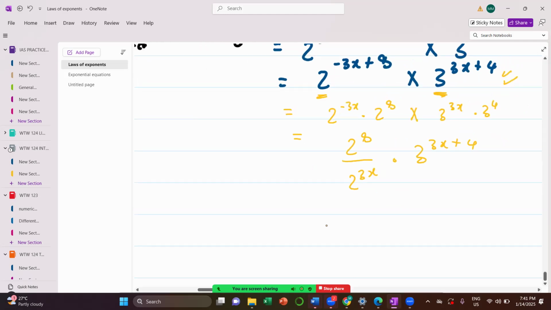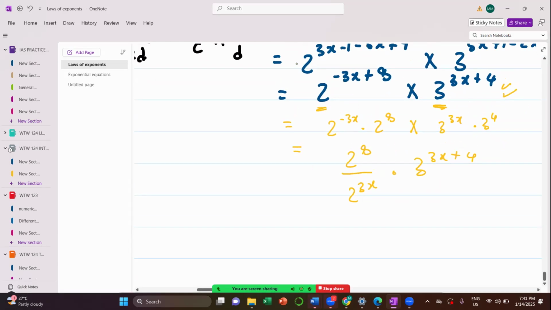So what ma'am is saying is, since she sees that we have a negative coefficient for 3x in this expression, she wants to make it all positive, meaning that she's gonna express 2 to the exponent of negative 3x plus 8 as being what? 1 over what now? I'm gonna have to multiply this whole exponent by negative 1.